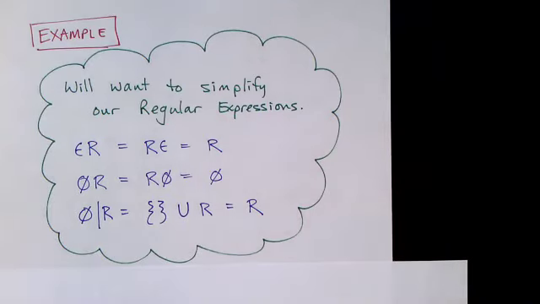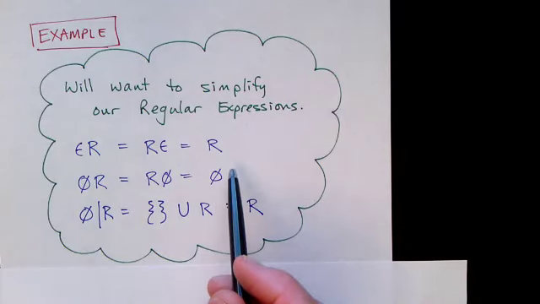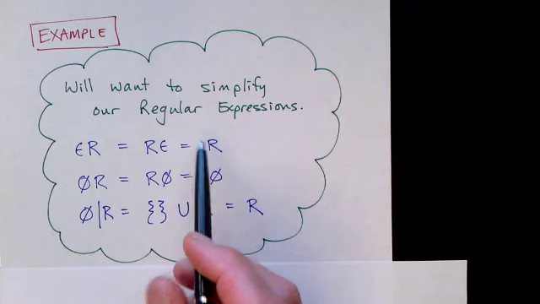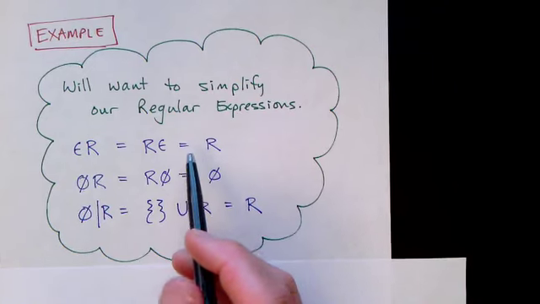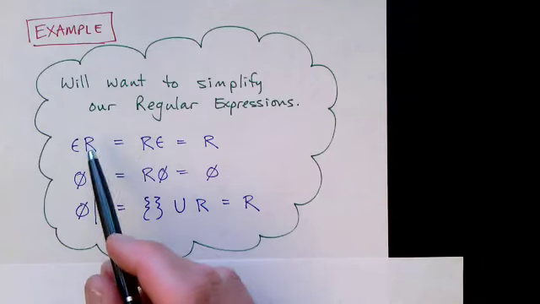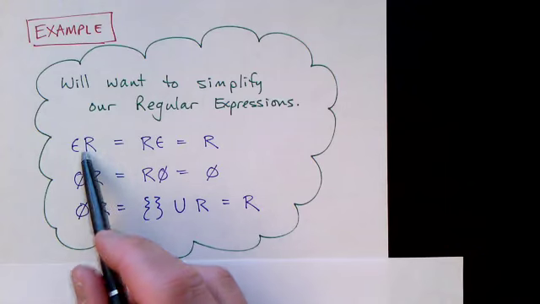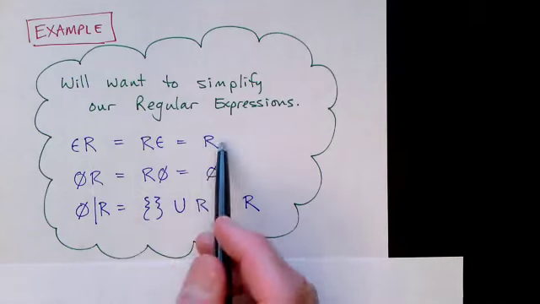Next, let's look at an example of how we can perform this simplification and get a regular expression to describe the language. In the course of this, we're going to be creating some rather complex and ugly regular expressions, and we'll want to simplify these regular expressions as we go along to keep things from getting too ugly. So let's notice that there's some simplifications we can make. If you've got an empty string concatenated to some other stuff, you can just eliminate that empty string.